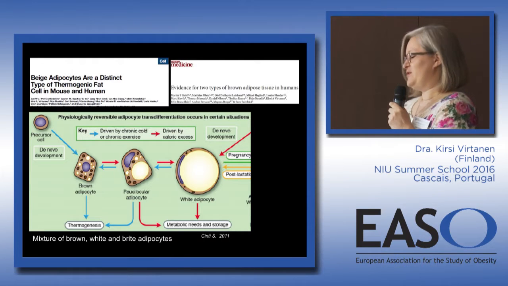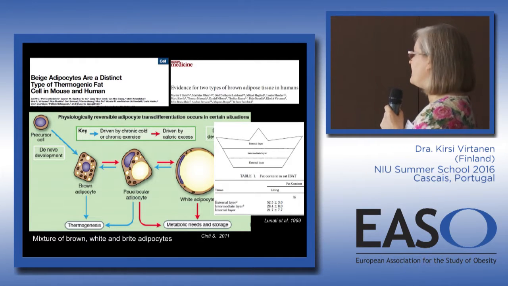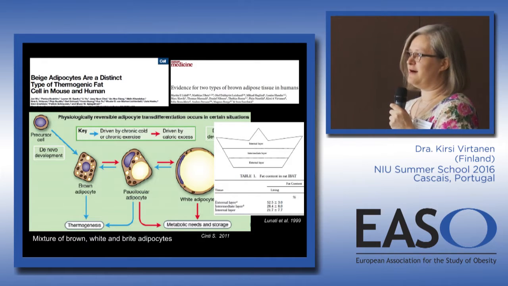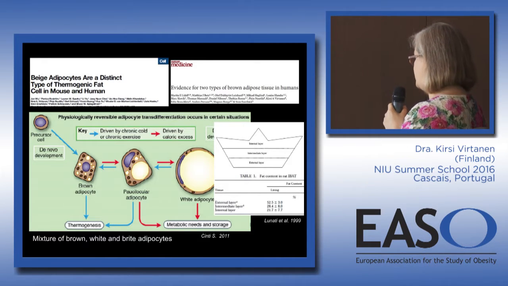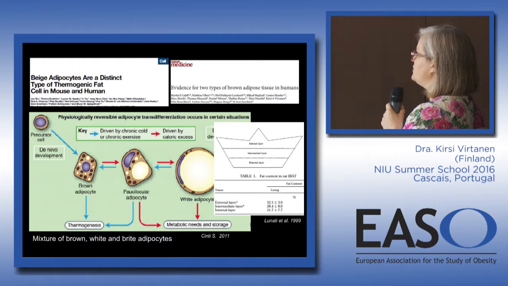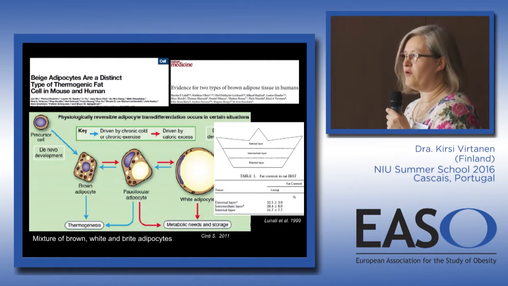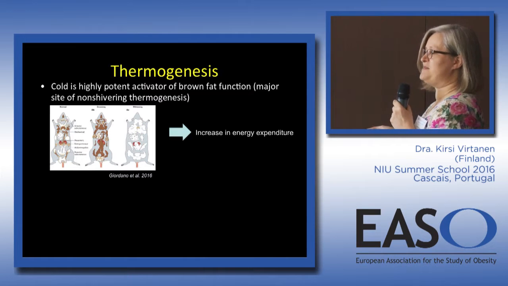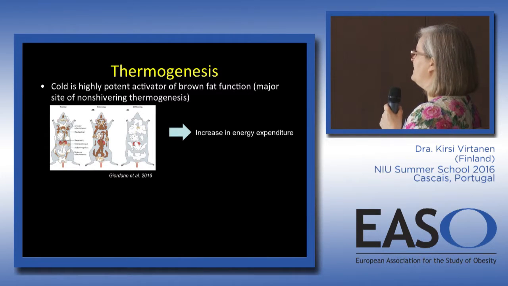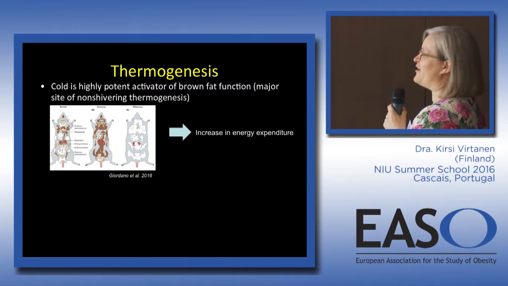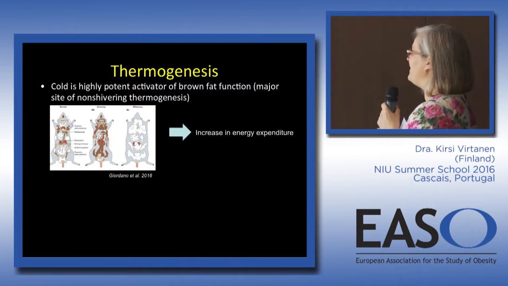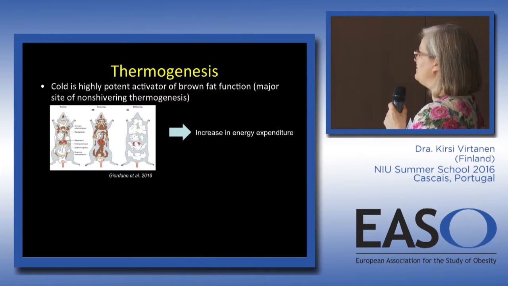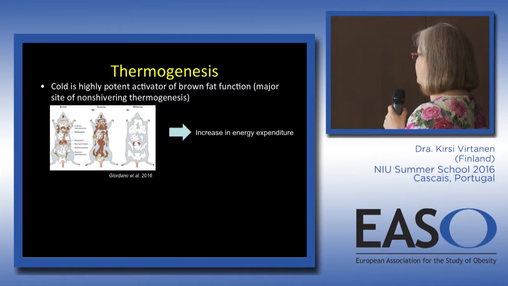And the last point is thermogenesis. Cold is a very potent activator of brown adipose tissue function. In rats, when they are put to cold, they transdifferentiate almost all adipose tissue in the body to brown, while in calorie excess, they transdifferentiate even the existing brown sites to white.